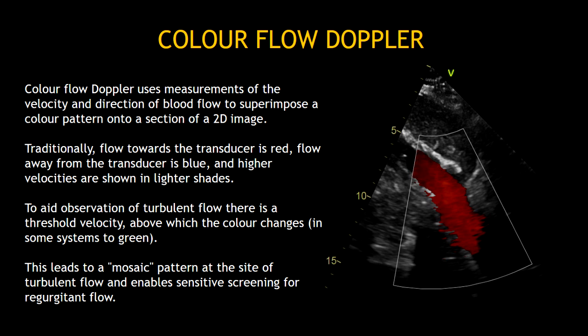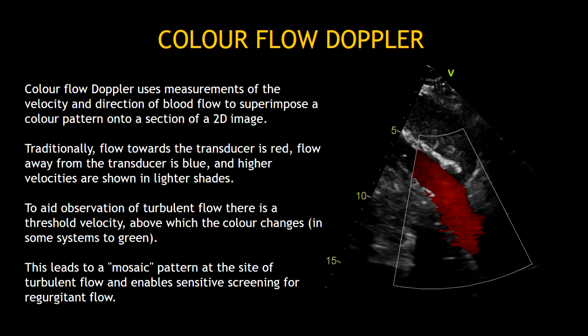So, the color flow Doppler uses measurements of the velocity and direction of blood flow to superimpose a color pattern onto a section of a 2D image. Traditionally, flow towards the transducer is red, flow away from the transducer is blue, and higher velocities are shown in lighter shades.